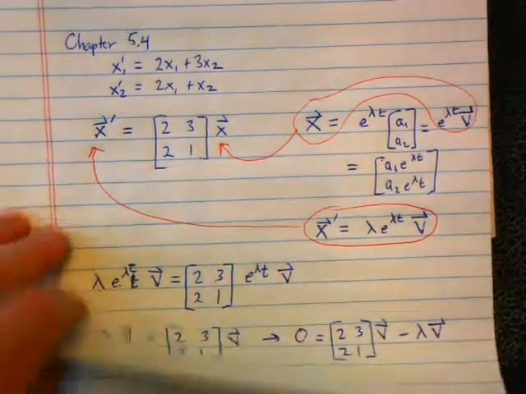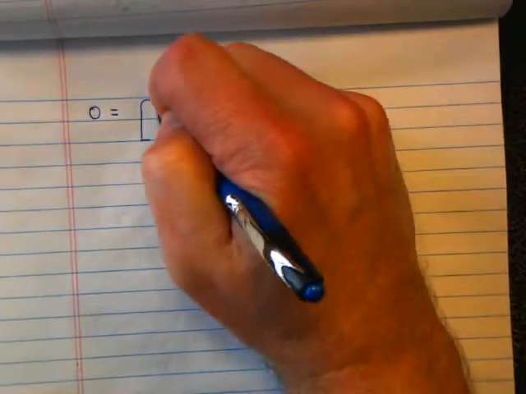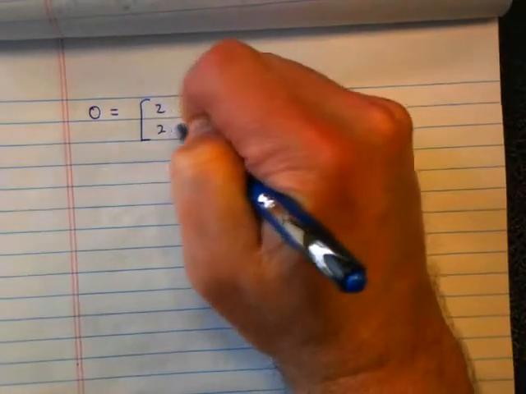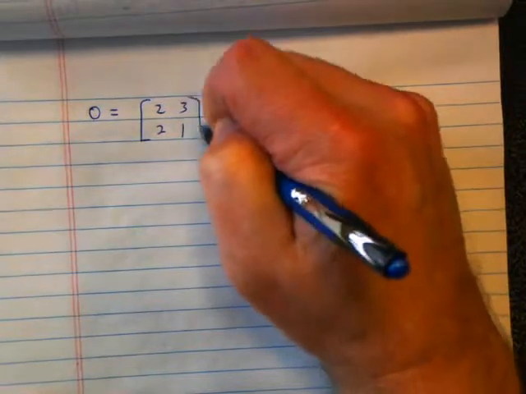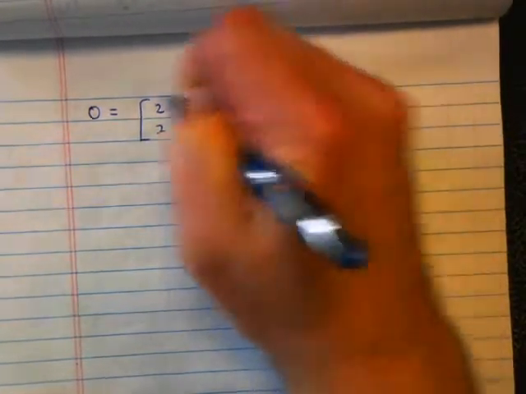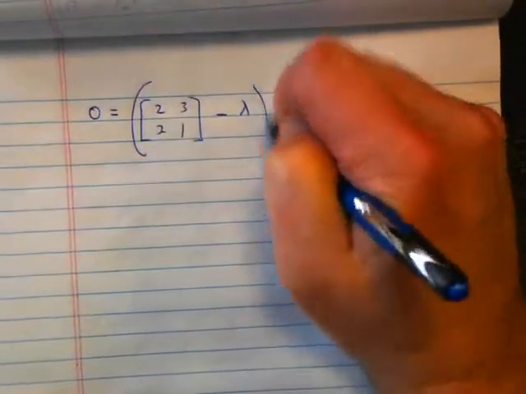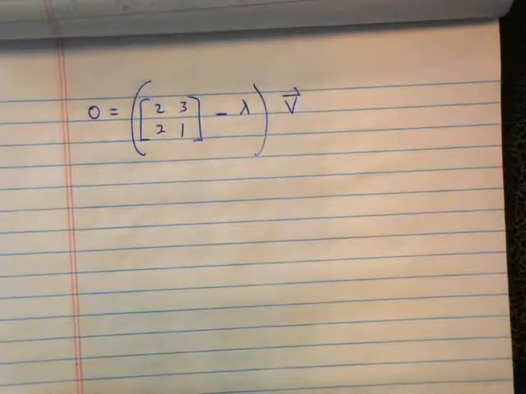So when I factor out a v, I'm going to have 0 equals [2, 3; 2, 1] minus lambda times vector v.